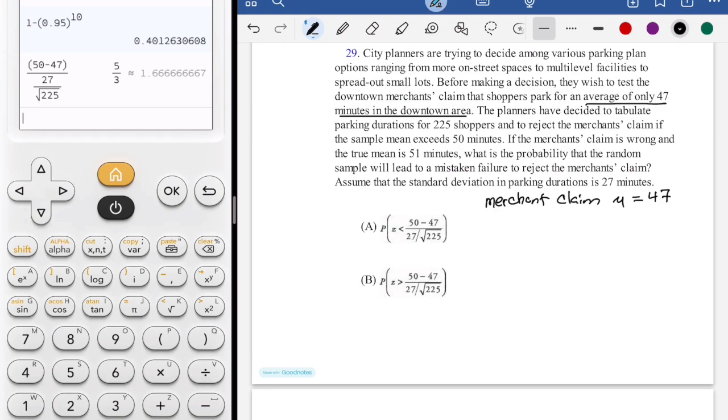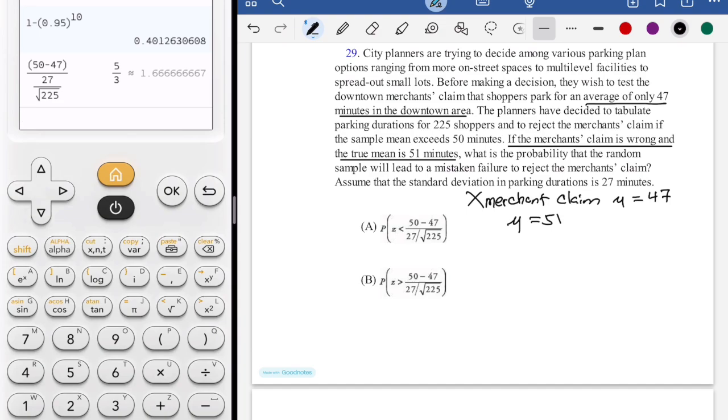If the merchant's claim is wrong and the true mean is 51 minutes, so we're saying the mu is actually 51 minutes, what is the probability that the random sample will lead to mistaken failure to reject the merchant's claim? And then they give us a standard deviation.